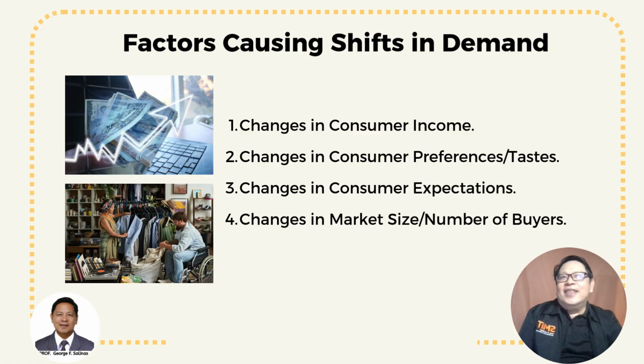Second, changes in consumer preferences or tastes. Shifts in cultural trends, advertising effectiveness, or awareness of health impacts can increase or decrease demand for a product. And third, changes in consumer expectations.